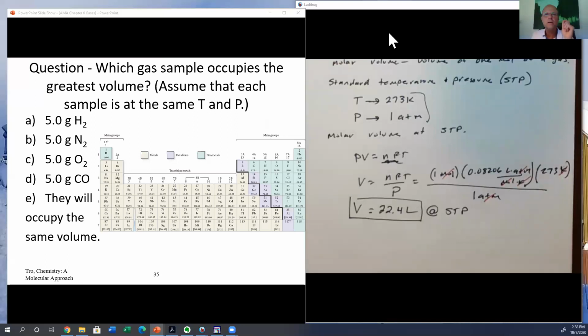Remember, for all gases, 1 mole at STP occupies 22.4 liters. You shouldn't have to do any calculations here. Just think about it.